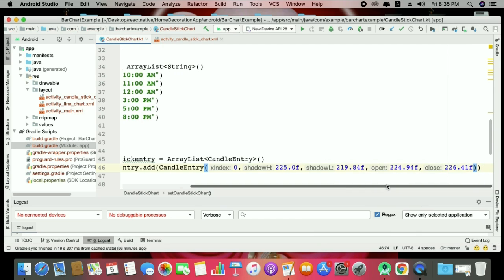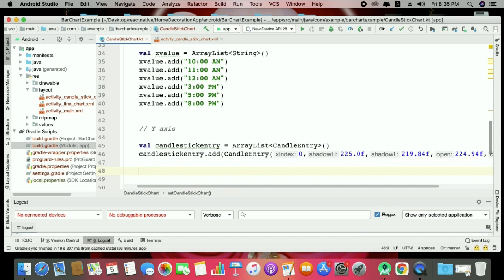So it depends on whether it increases, or you make the shadow edge with your open price, so there is no shadow in that case, or close price with your shadow lows. So it depends on which kind of candle entries, as we discussed in the theory, you have to put there.